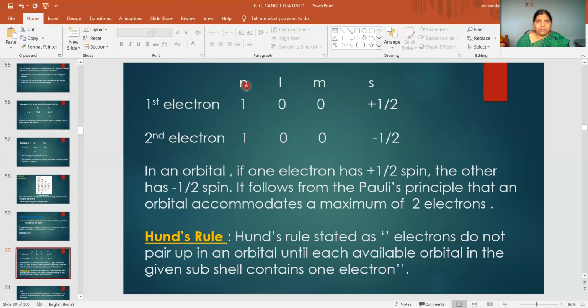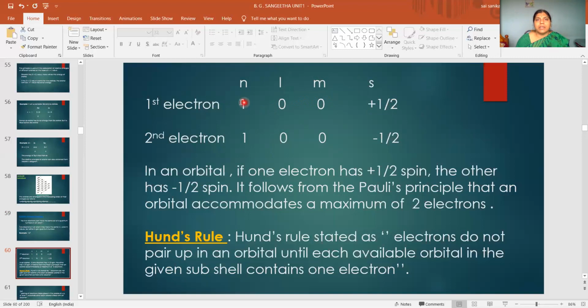First orbit, so n value is 1. In which orbital? s orbital, so l value is 0. If l value is 0, automatically m value will be 0. Then s value is plus half, for the first electron with clockwise spin.